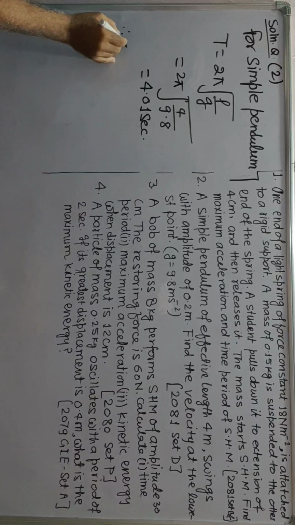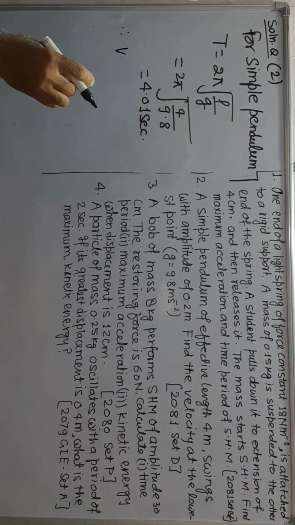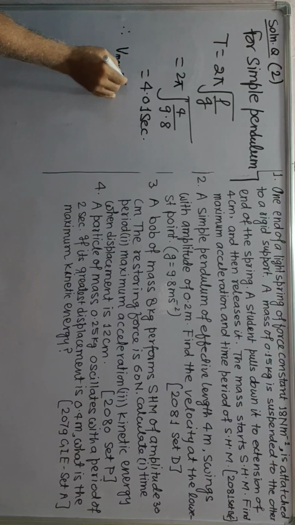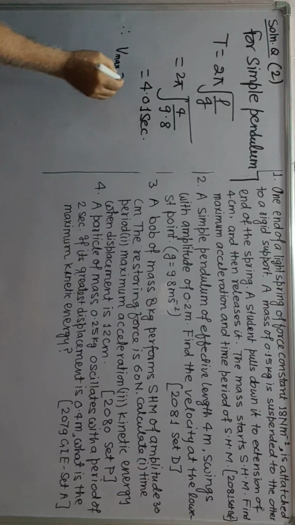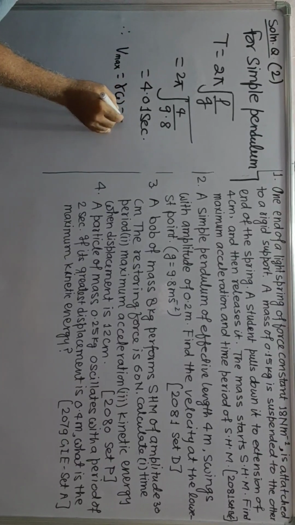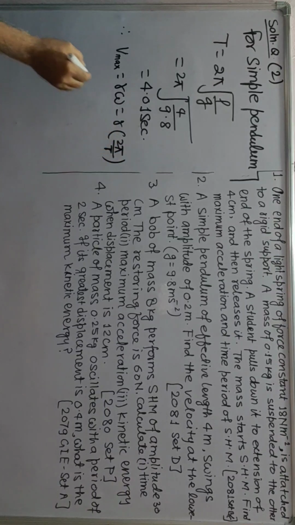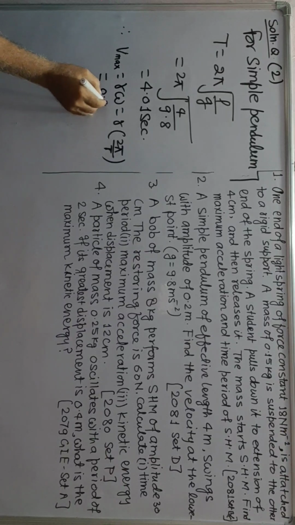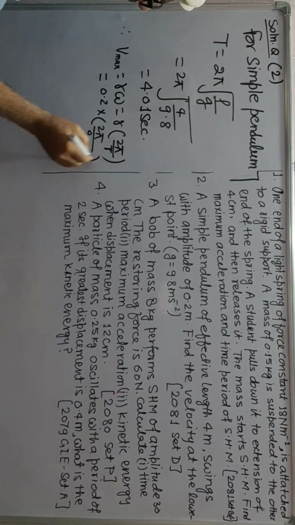Therefore, v at lowest point will be v maximum, which is equal to r omega, which is r into 2 pi by T, because omega is equal to 2 pi by T. Putting the values, we get r is 0.2 into 2 pi upon T is 4.01.